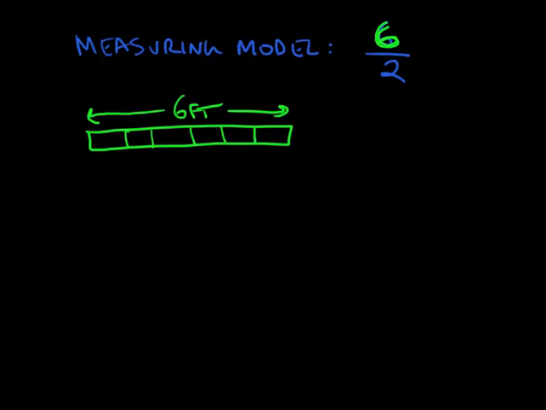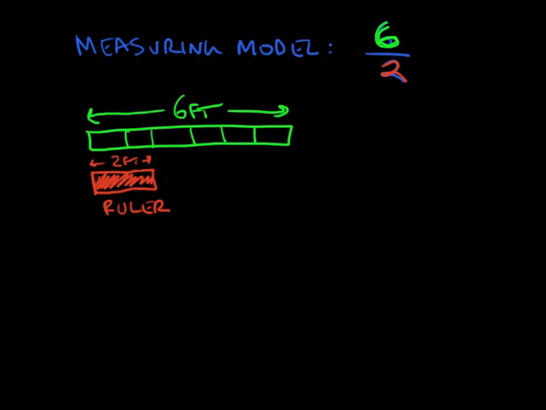And then the question is, if you have a ruler, so this right here is going to be your ruler, that is 2 feet long. This is our 2 here, and we ask, how many of these rulers would it take to measure this whole stick?